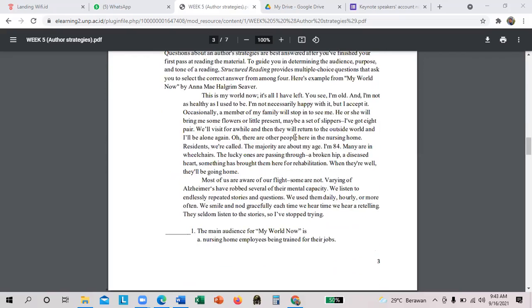So let's see this one. We will feel the tone, and also the audience, and also the purpose. I will invite students to read and try to identify. We will use our critical thinking while reading this.